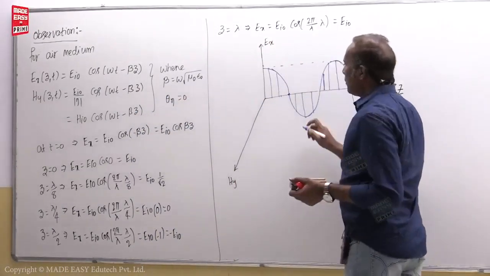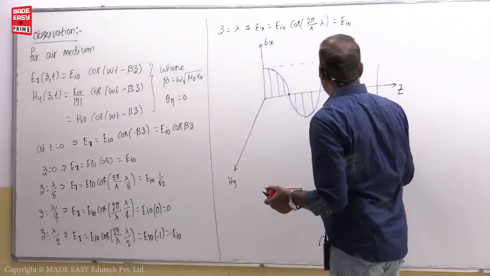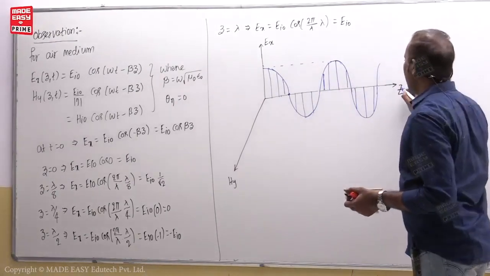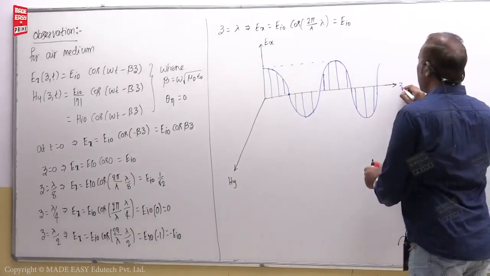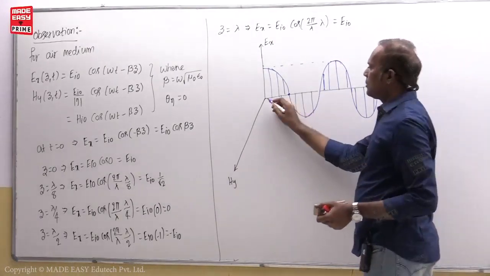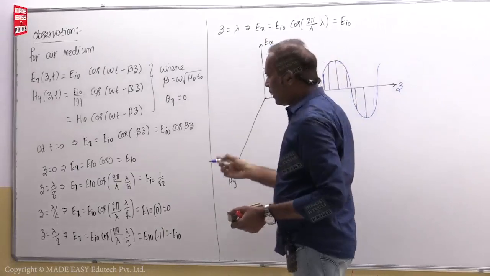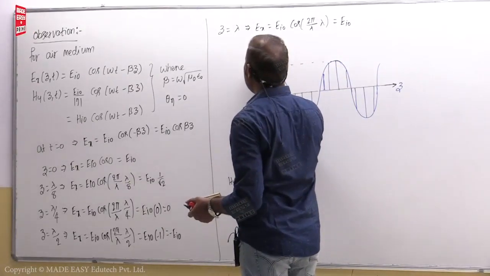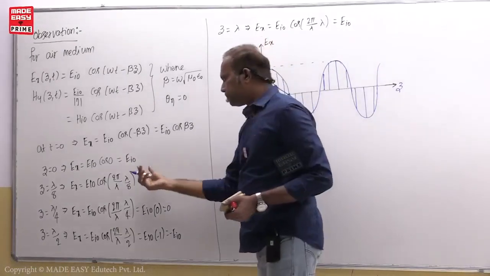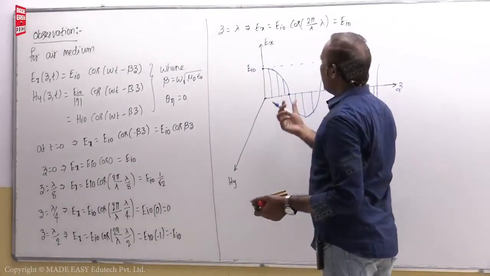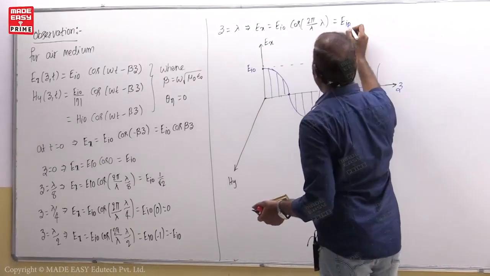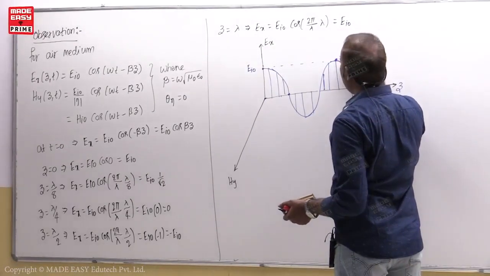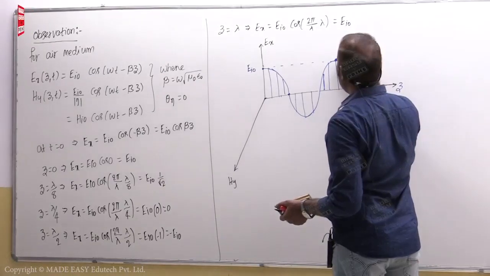Now you can see here, this is the z variable, small z I am writing. Whenever z is equal to 0, the electric field value is EI0. So this is EI0. Whenever z is equal to lambda, again you get EI0, the same value. That means here again you get EI0.